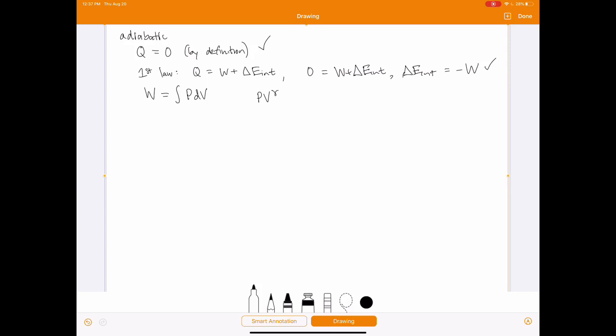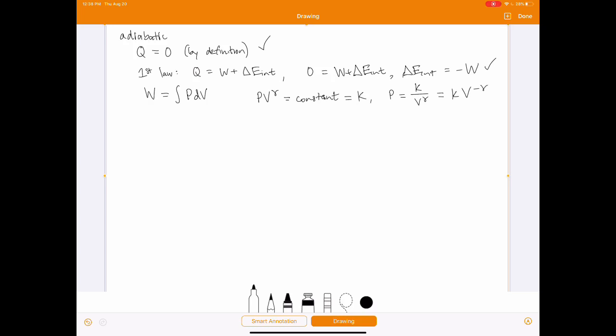PV to the gamma is constant during this process. Okay, so let's call that constant K. So what we have is pressure is K divided by V to the gamma. Or we could also say the pressure is K times V to the minus gamma.